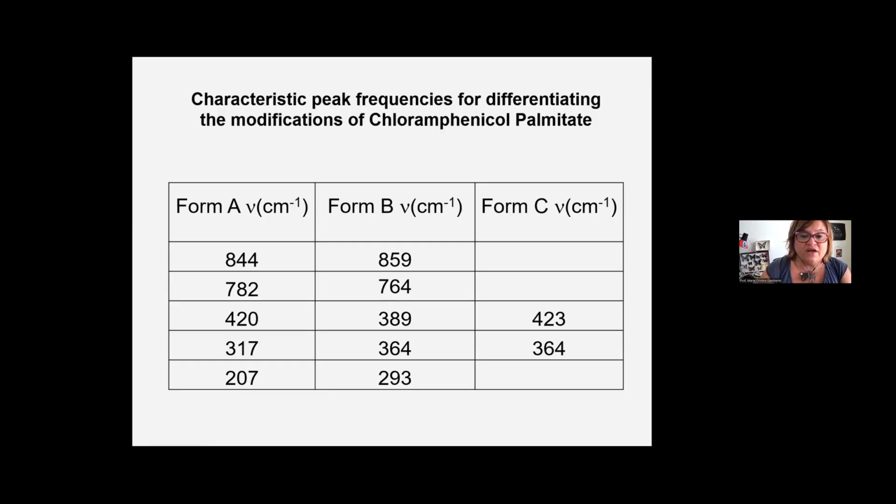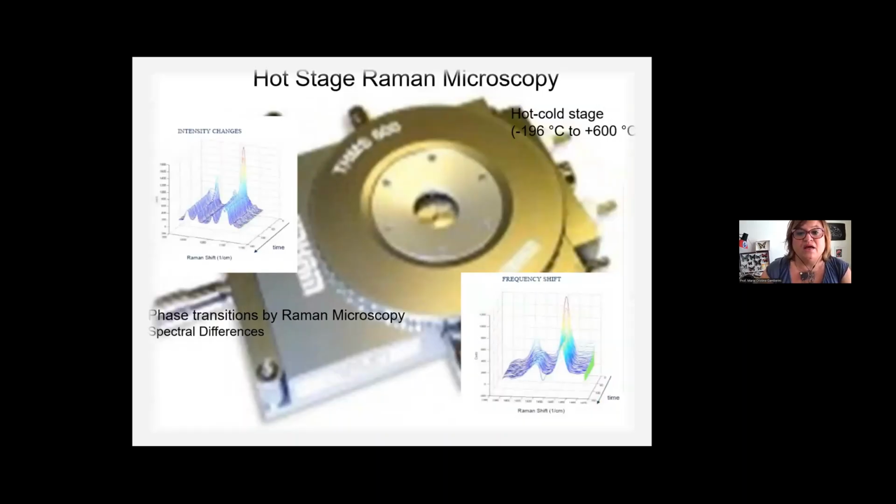And so we have categorized the meaning of these numbers. Also, it's possible to heat the solid forms, for example, with this kind of part of instrument added to the Raman instrumentation.